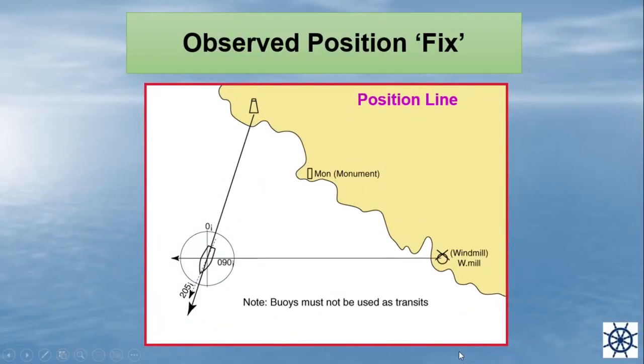Observe fixed position line coming from a windmill and a lighthouse, no? Ayan. A bearing of 205 and 090. The intersecting line of two sectors or two angles will be your fixed position. Observe fixed because it observes from a terrestrial object.